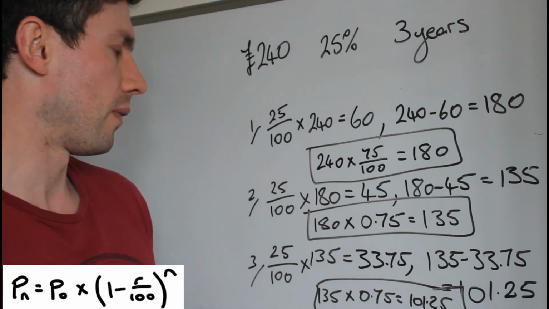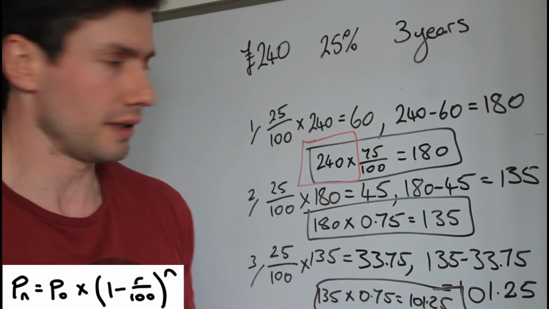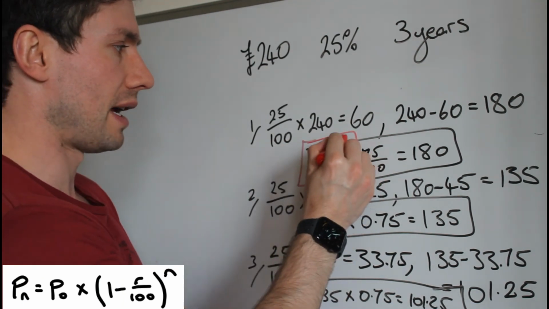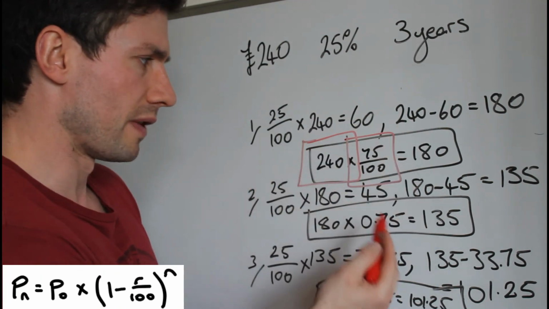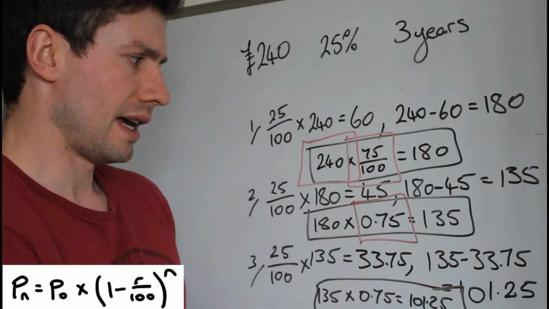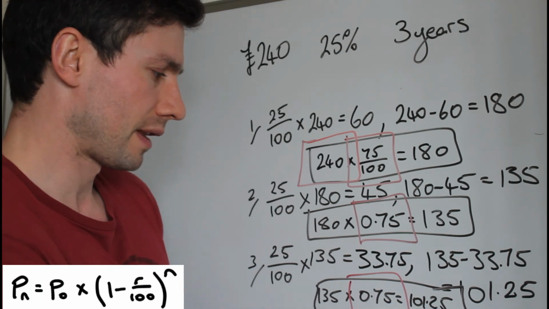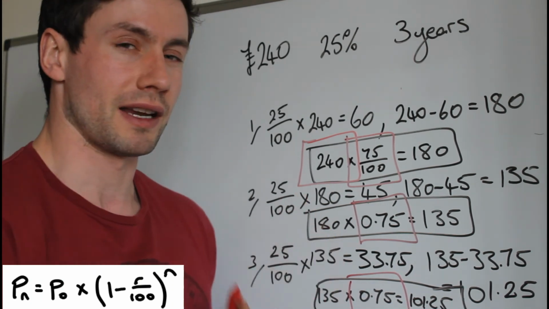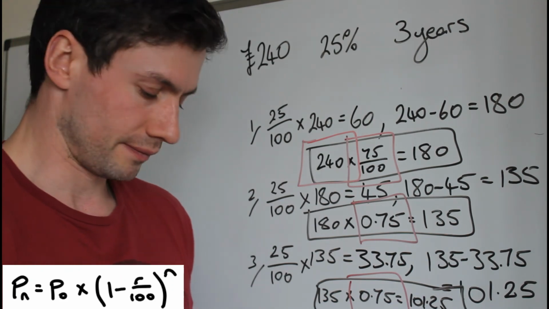But look again, we have our original amount, our P0 of £240, and in the first year we've multiplied it once by 0.75. In the second year we've multiplied that answer by 0.75, and in the third year we've multiplied that answer by 0.75. So in fact we've just multiplied the original value by 0.75 3 times.